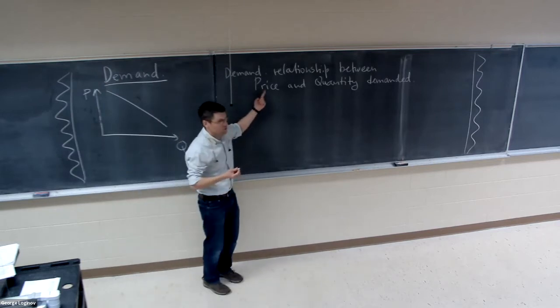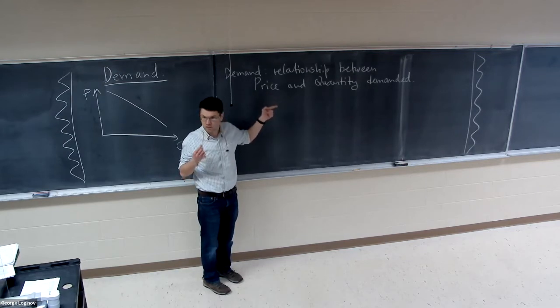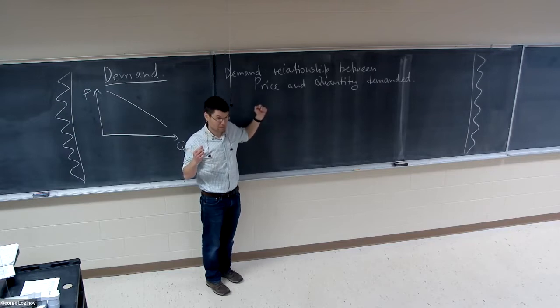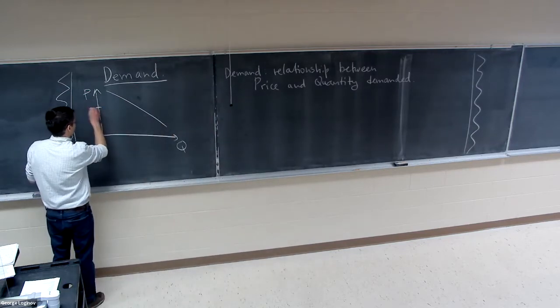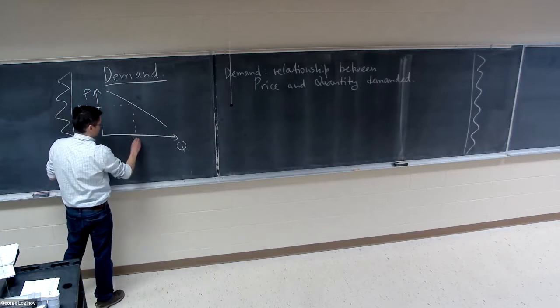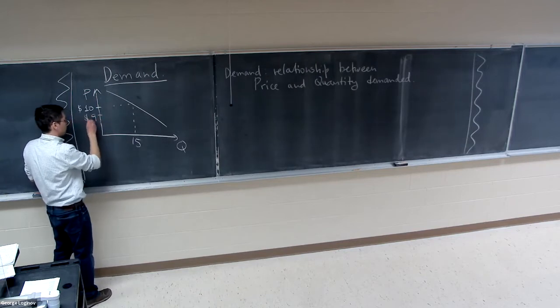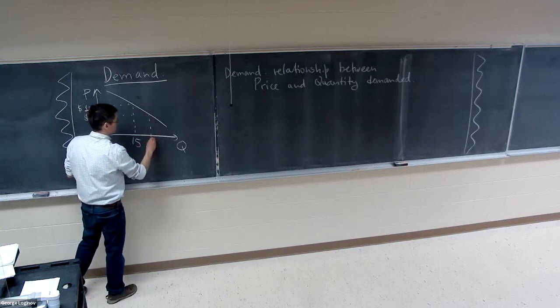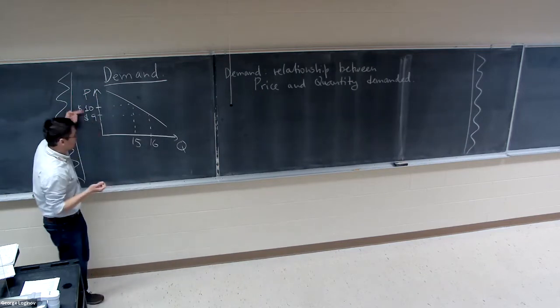For these different prices, the demand relationship tells me how many units of the product buyers will be willing to buy at that price. This is the standard definition of demand. For example, if the price is $10 per unit, buyers will be willing to buy 50 units. If the price goes down to $9 per unit, buyers will be willing to buy 60 units. Given the price, how many units will be demanded at that price?